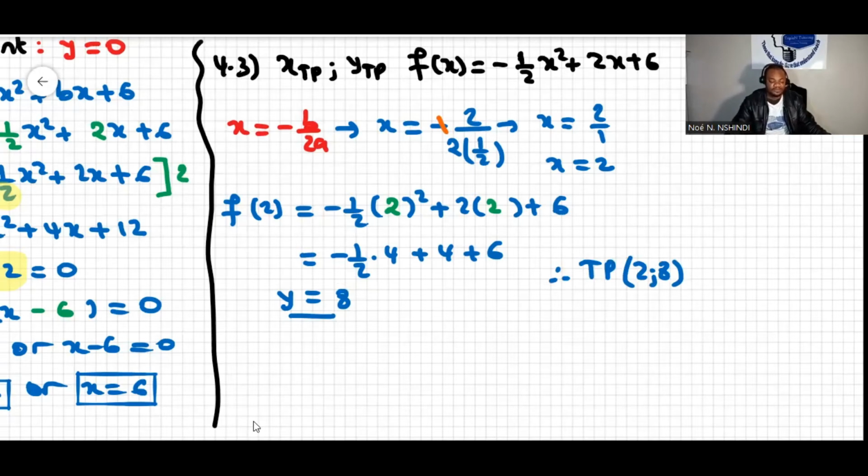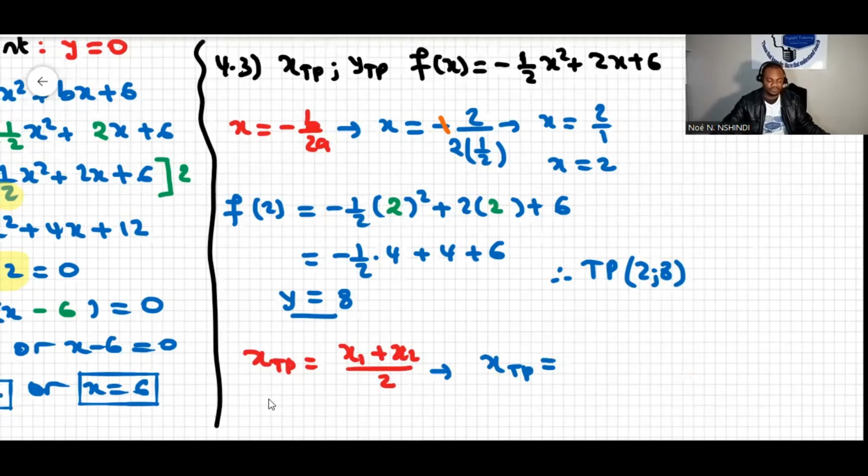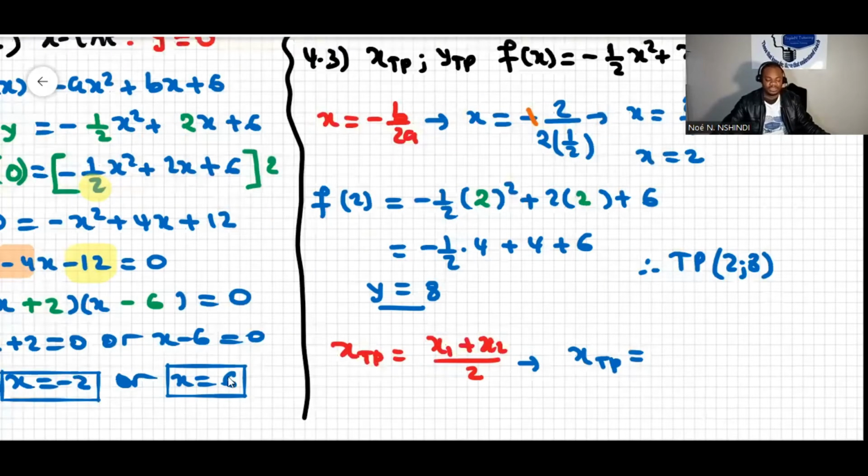You can just find the average of the intercepts, like x-TP will be (x1 plus x2) over 2. We did find the intercepts over here. They were -2 and 6. So I am going to do -2 plus 6 over 2, and -2 plus 6 is +4, over 2.